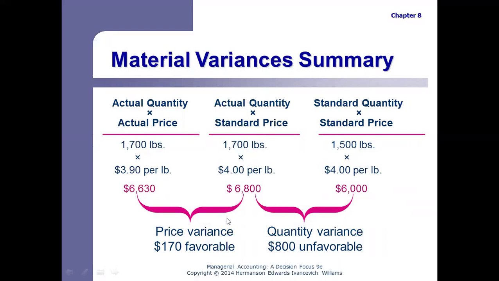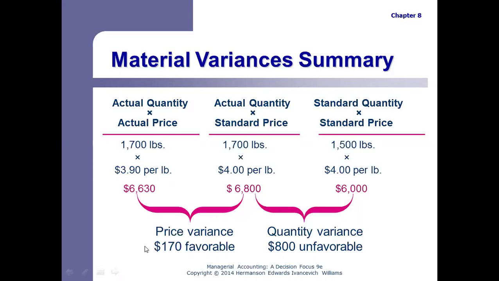Now, the way to get the variance is you take the right column and subtract the left column. So in this case, the price variance is the difference between the left column and the second column, the middle column. So 6,800 minus 6,630 is a positive 170.